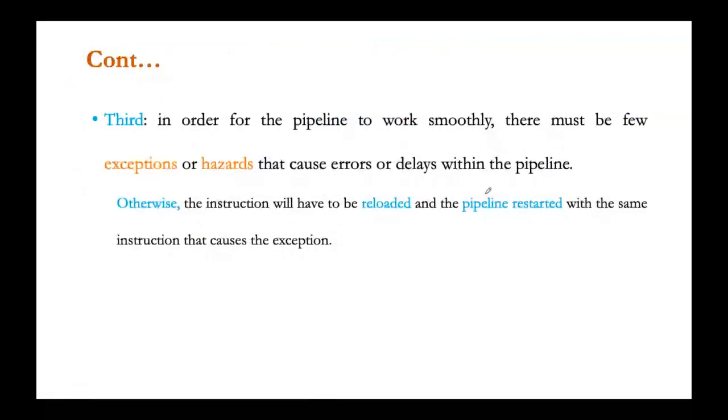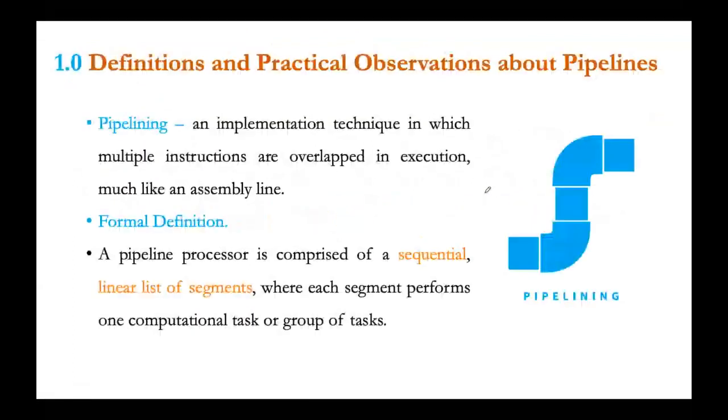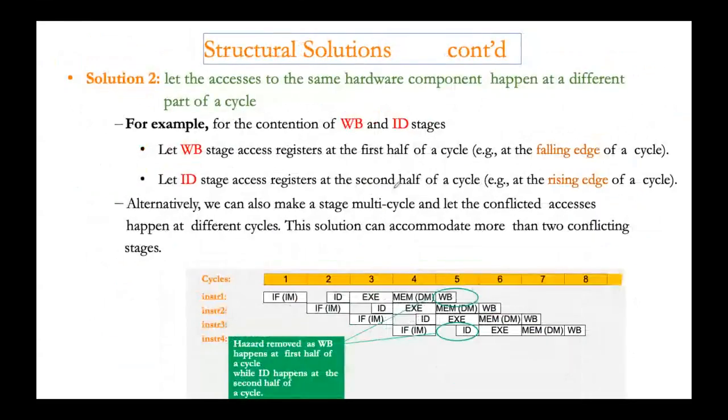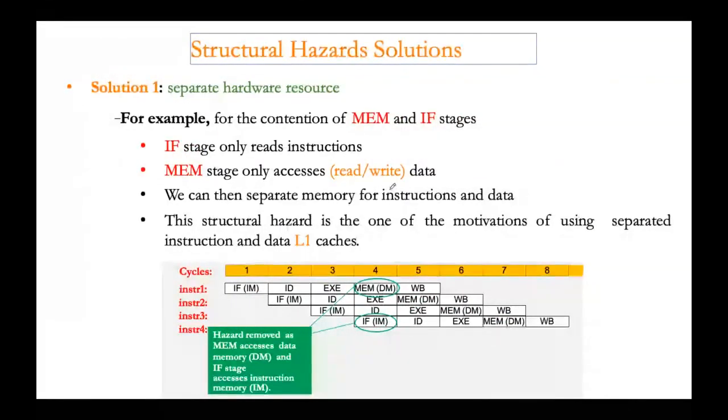So the first memory which we are using in our example is the instruction memory, and the last one which we are using in the memory access stage is your data memory. So this structural hazard is one of the motivations for using separate instruction memory and data memory. For this instruction memory and data memory, L1 caches will be used.